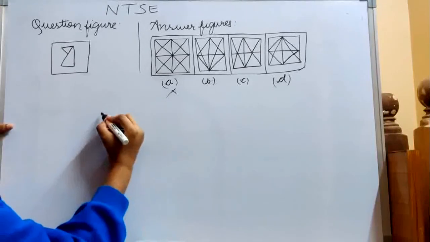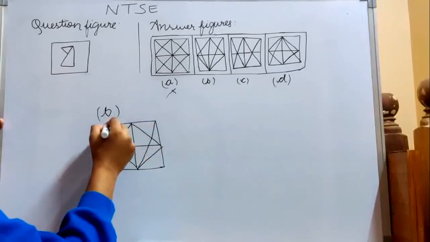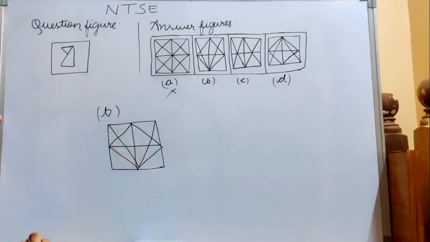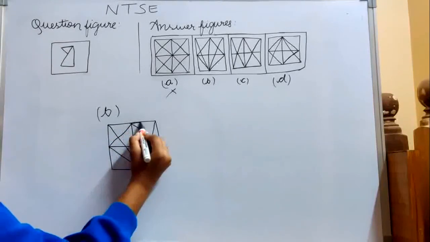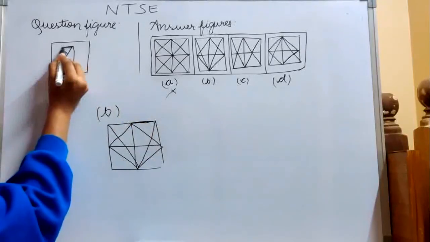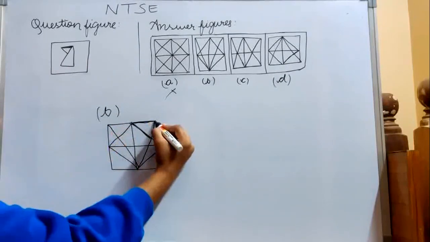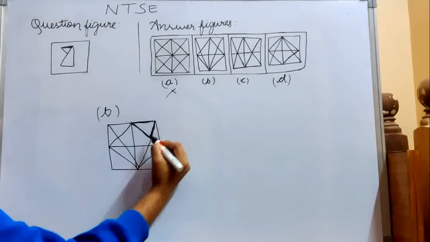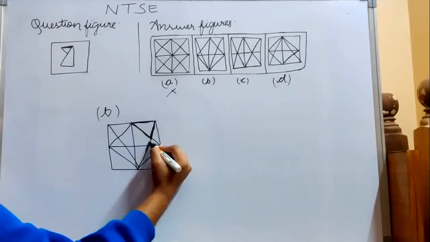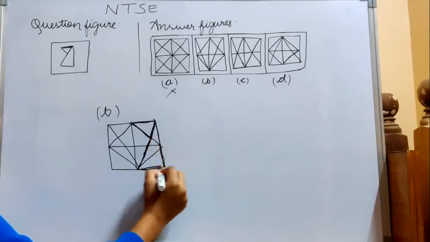Now let us see option B. In option B, again I've drawn it a little bad, but please cope with this. You have the smaller triangle, which is this and this line and this line. So the smaller triangle is there, and then we also have the larger triangle, if you can see. I'm just highlighting it so that you can easily notice it.